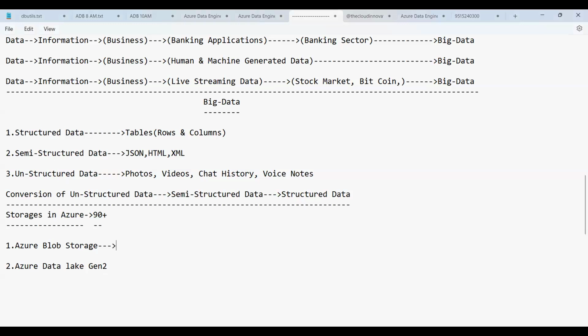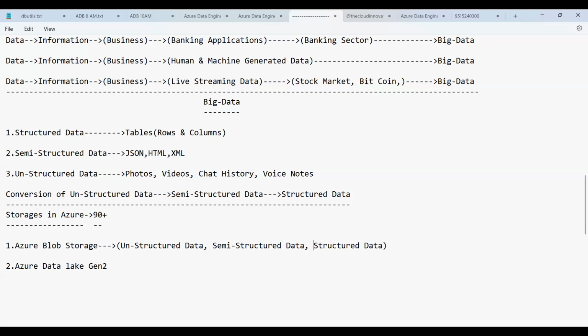Whether it is unstructured, semi-structured, or structured, whichever quality of data you have, we can store it into Azure Blob Storage without worrying about the type of data. So three categories of data we can store.